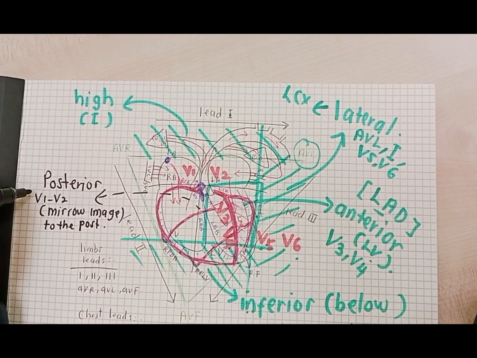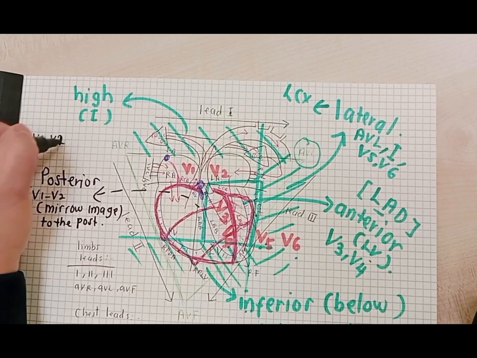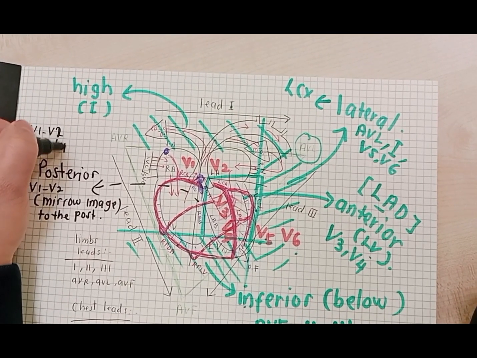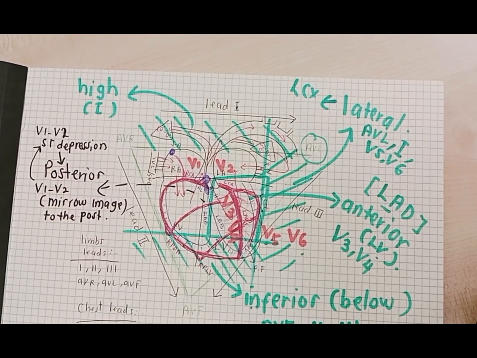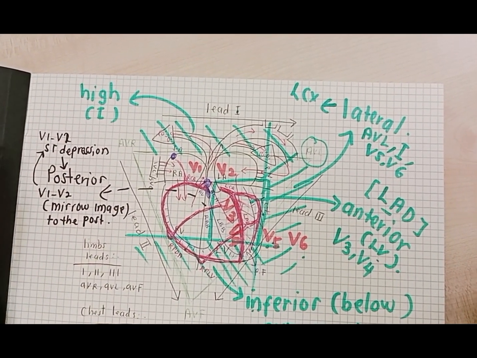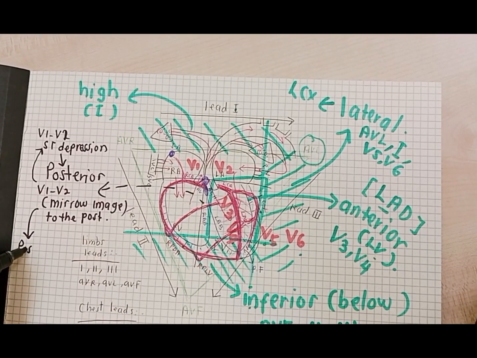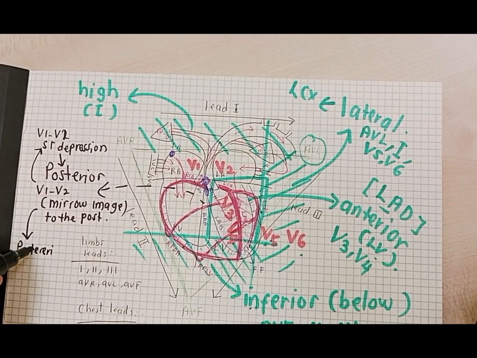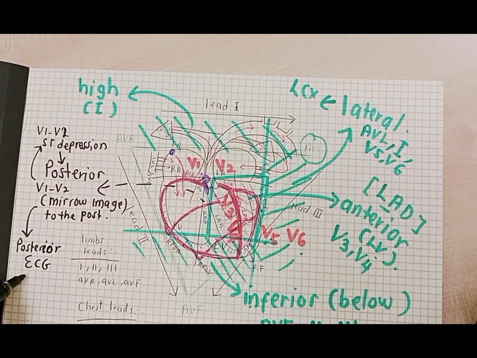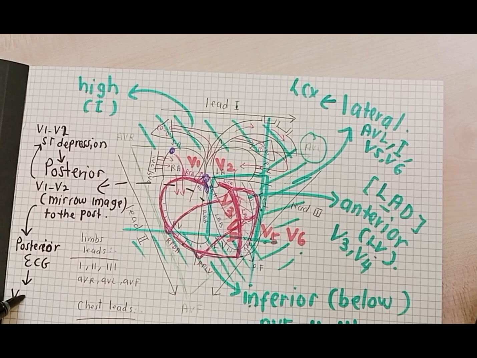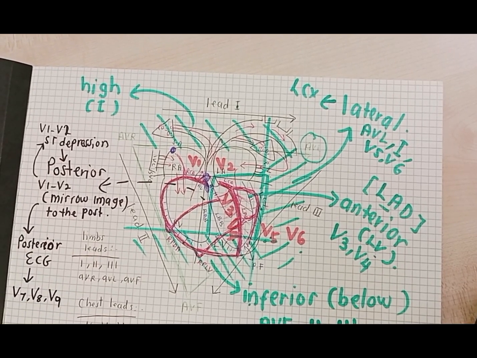So if we see ST depression in V1, V2, it might be a posterior MI. Or we do a posterior ECG, which is V7, V8, V9.